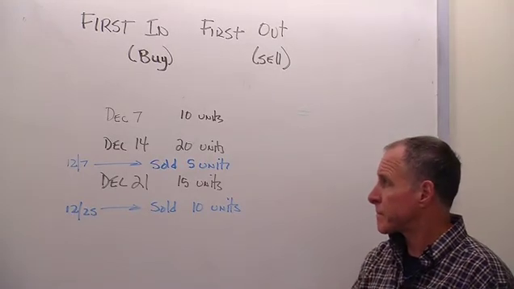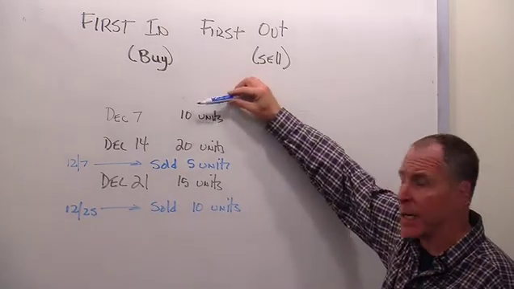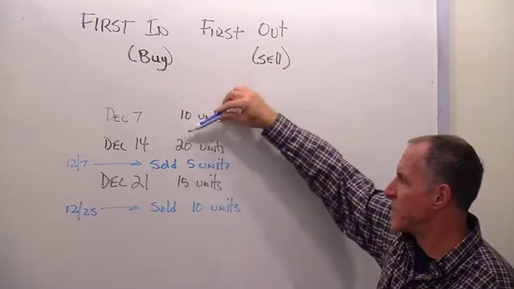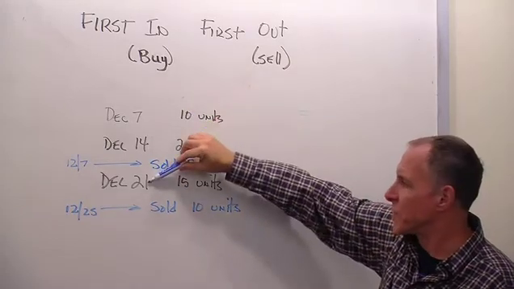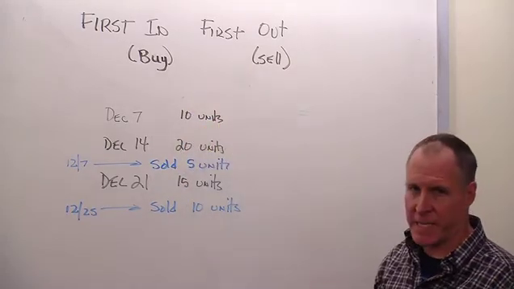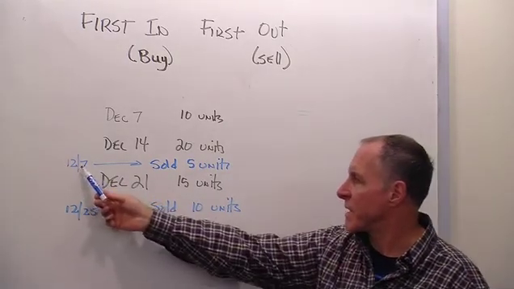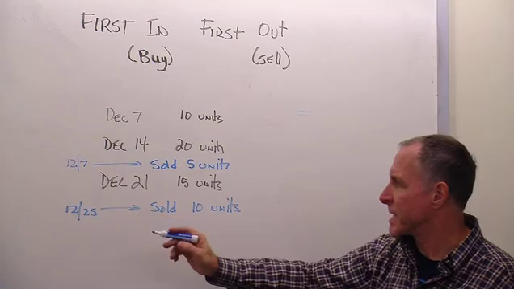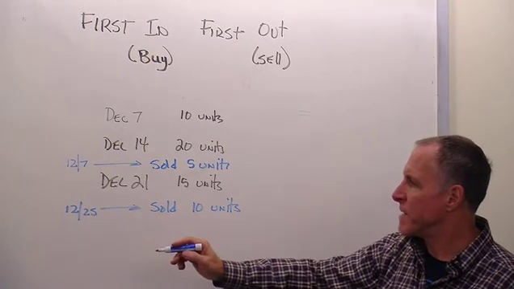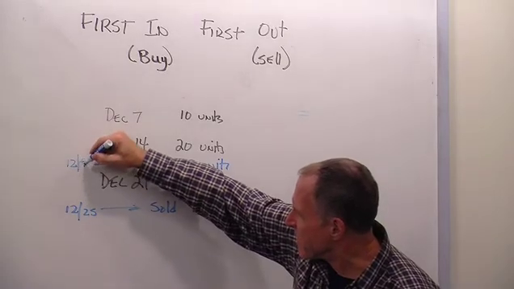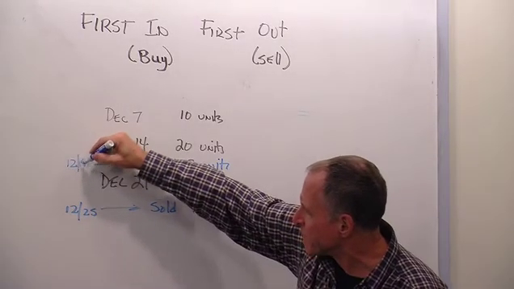Let me give you an example of the FIFO method with the facts that we have. First of all, in black, we bought 10 units on the 7th. On the 14th, we bought 20 units. On the 21st, we bought 15. But here in blue, I've put that we sold 5 units. I believe it was the 18th, it may have been the 15th, but it really doesn't matter.